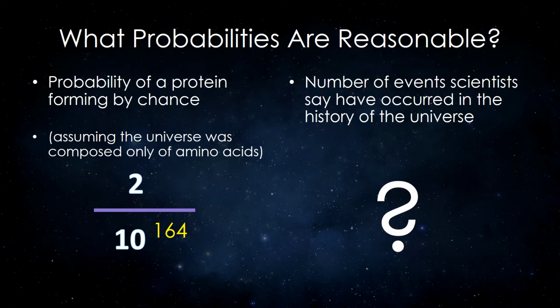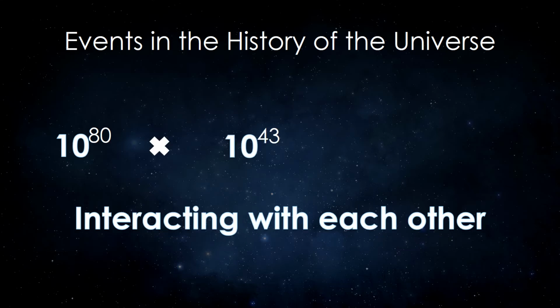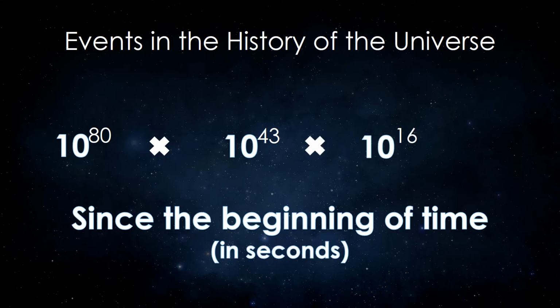But how would we know how many events have happened? William Dembski has attempted to figure this out. First, he estimated the number of elementary particles in the universe and multiplied that by the number of possible interactions with each other per second. Finally, he multiplied that by the number of seconds since the beginning of time based on current scientific theory.